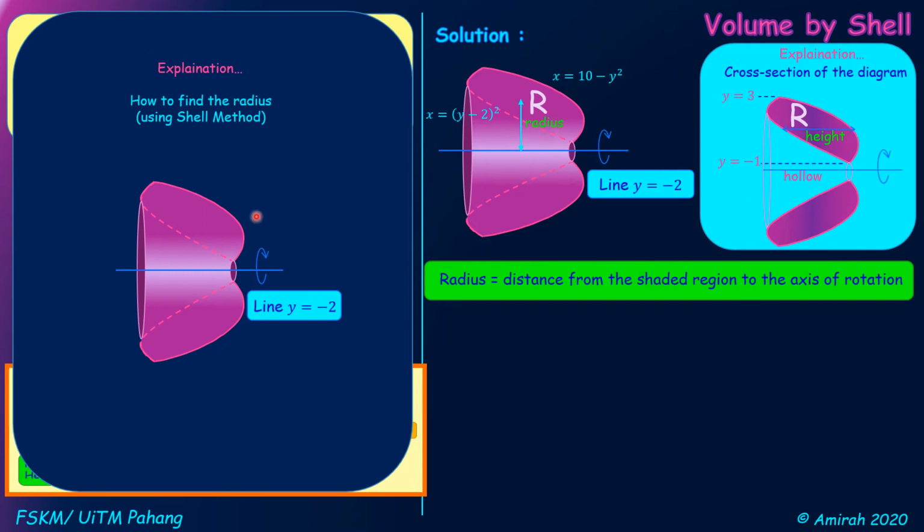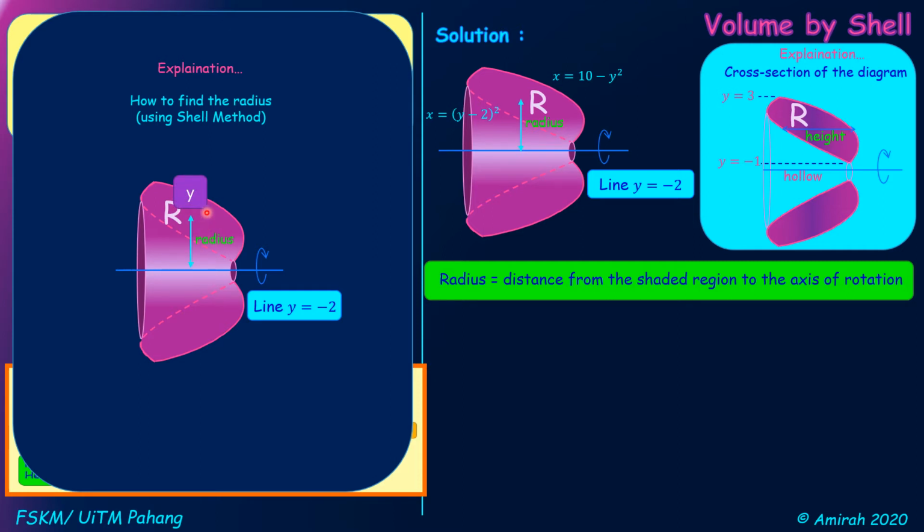How to find the radius using the shell method? This is our diagram after rotation. This is the original shaded region, and the distance from the shaded region to the axis of rotation is the radius.